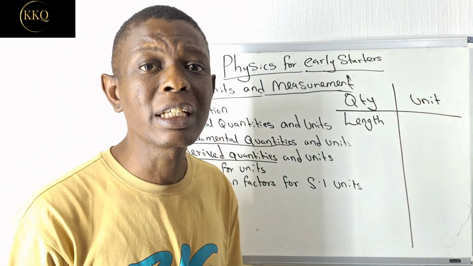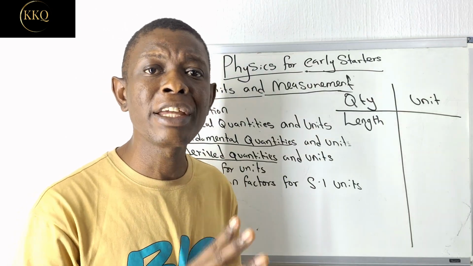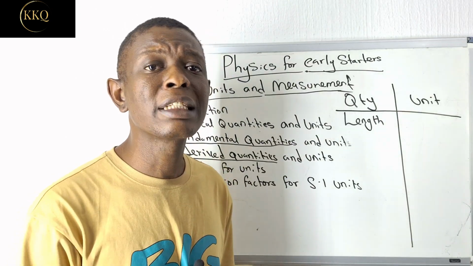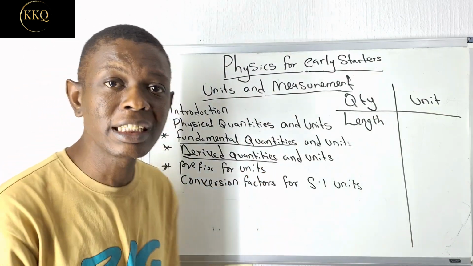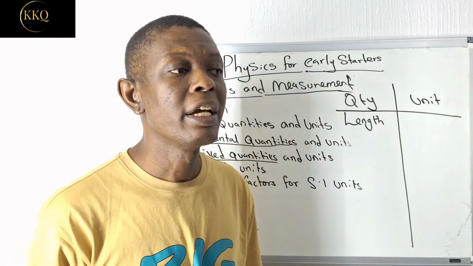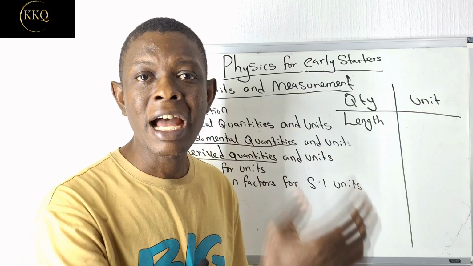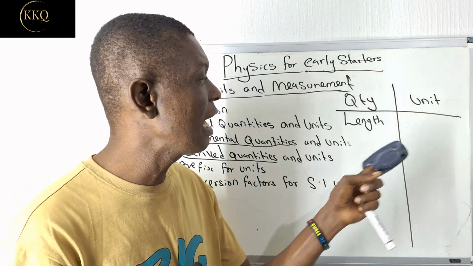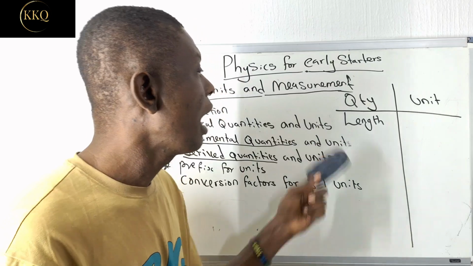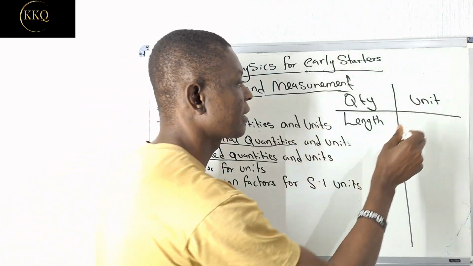Remember, when I'm talking about units, I'm talking about the SI units. These SI units also have subunits. That's why I said I will talk about prefixes for units, such as centi, milli, tera, deca. But the basic unit, or the SI unit, is what I'm listing out here now. And the SI unit for length is meter.